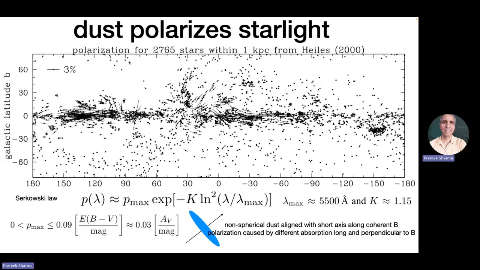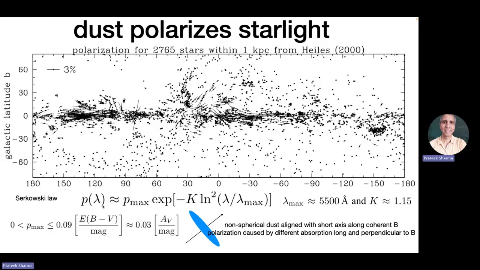Polarization is caused by dust, as I mentioned previously. Because of non-spherical, asymmetric dust aligned along local magnetic fields, you get more absorption of one component compared to the other. This is why you get this polarization.